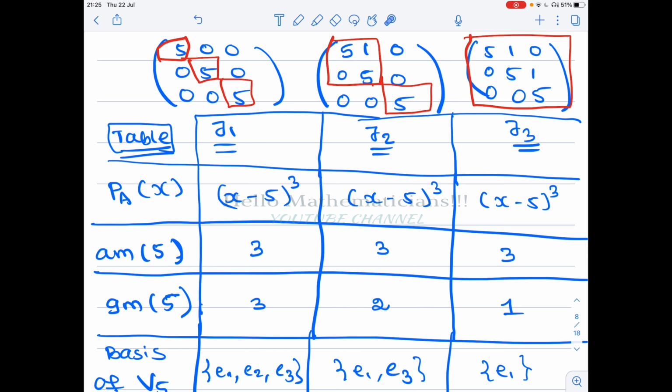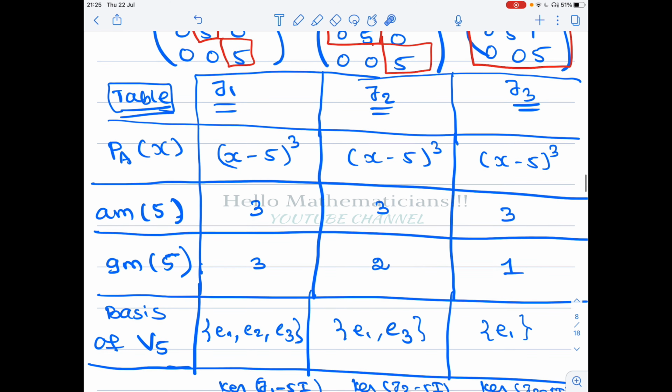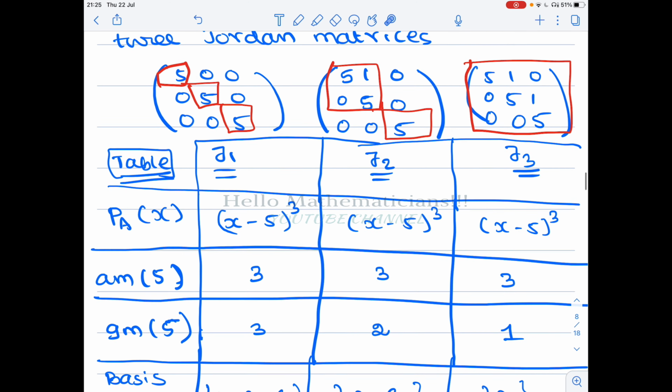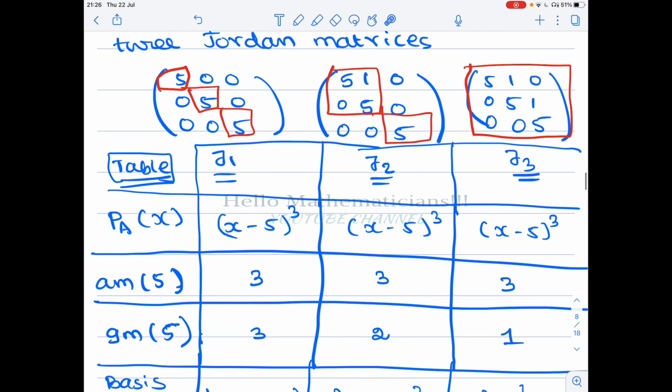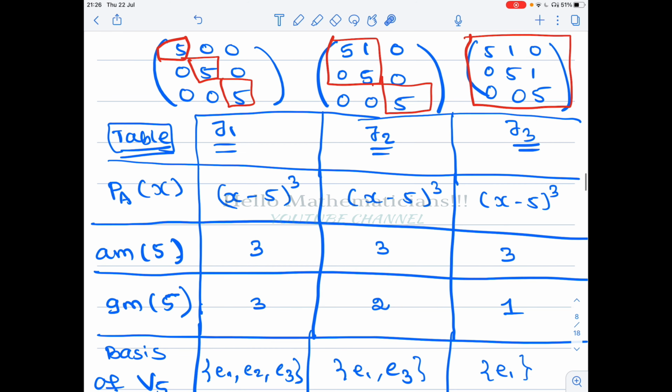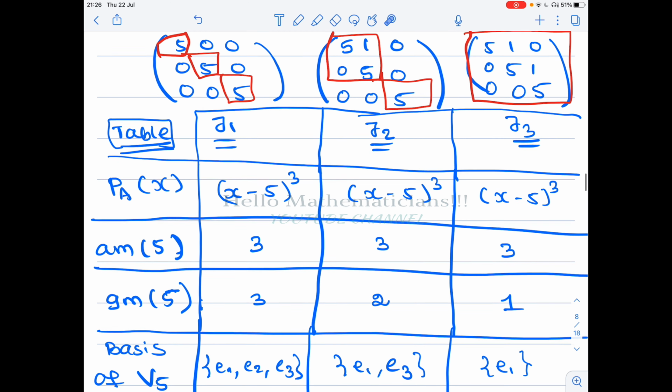If it is a 3 by 3 Jordan block, then for J3 this is the characteristic polynomial, and the algebraic multiplicity is 3, but for this block the geometric multiplicity of 5 is 1. So that is what we are going to use.